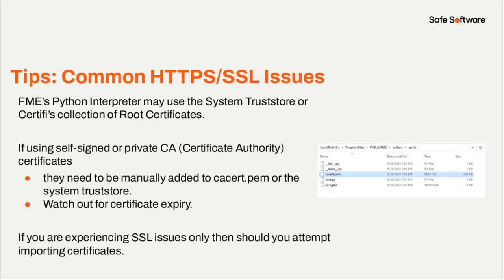If you are using self-signed or private CA certificates, they need to be manually added to cacert.pem or the system trust store. And you just have to watch out for certificate expiry as well. We're working on an article that will elaborate on that in more detail.